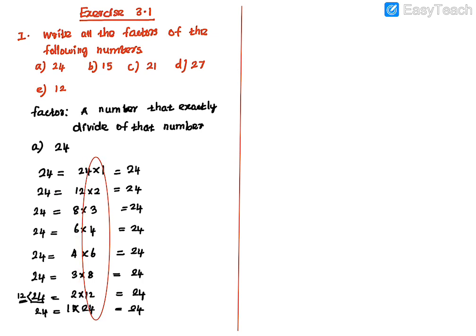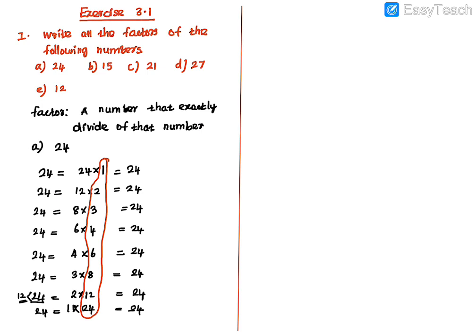Wait, I'll draw manually. So here: 1, 2, 3, 4, 6, 8, 12, 24. These are the tables, right? Under these tables only, the number 24 exactly divides.